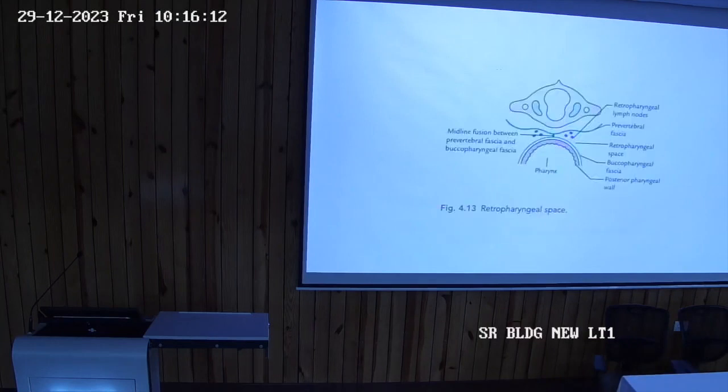Finally coming to the prevertebral layer. What do you understand by prevertebral layer? Anterior to the vertebra. Okay, it's lying anterior to the vertebra.